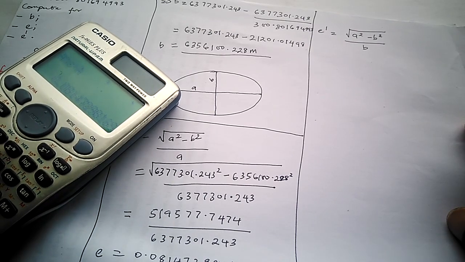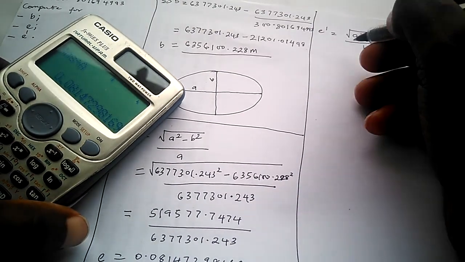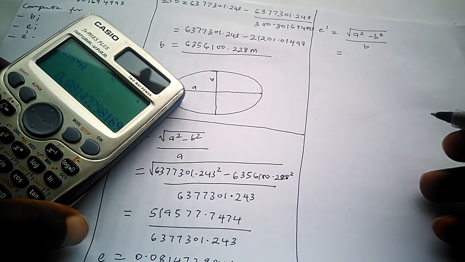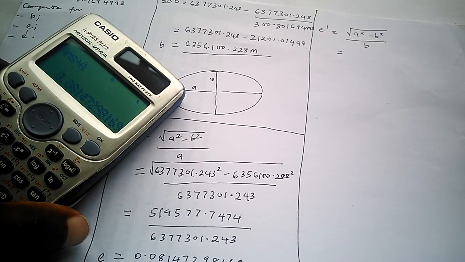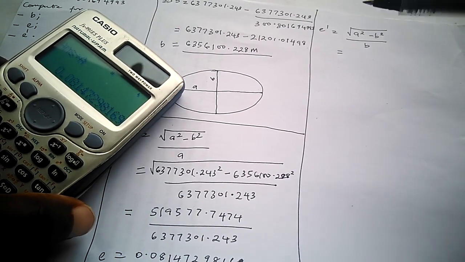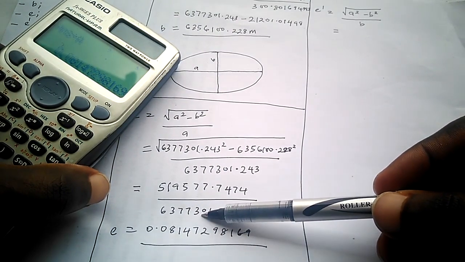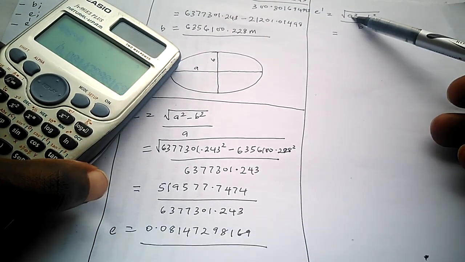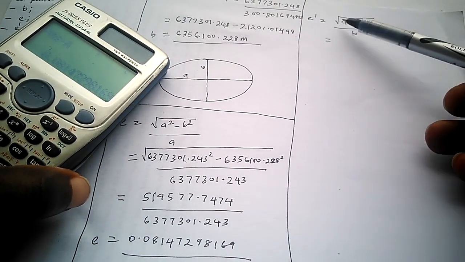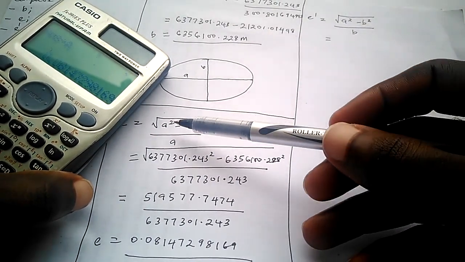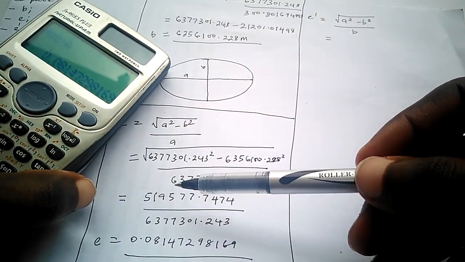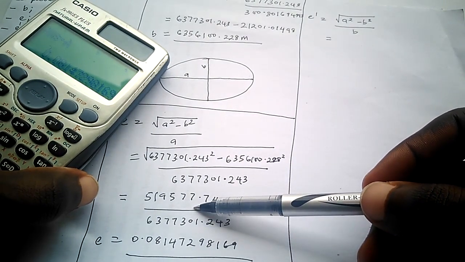So the steps are still the same, and to save time, we are going to quote this answer here and we change the value here. Remember that the numerators are the same, a squared minus b squared. We have a squared minus b squared. Therefore, their result will still be this.